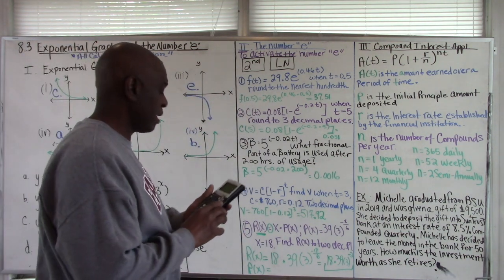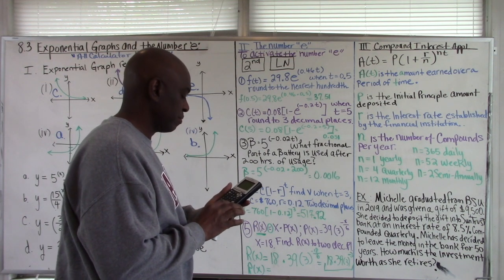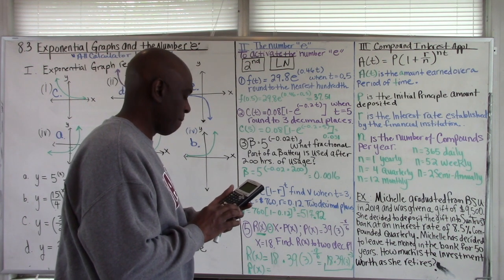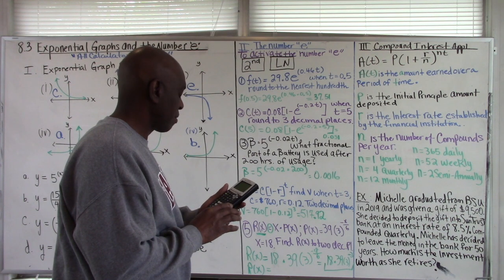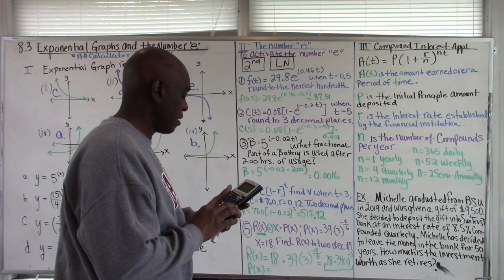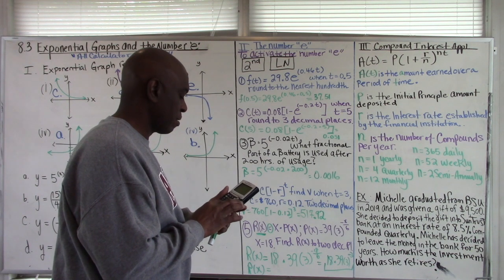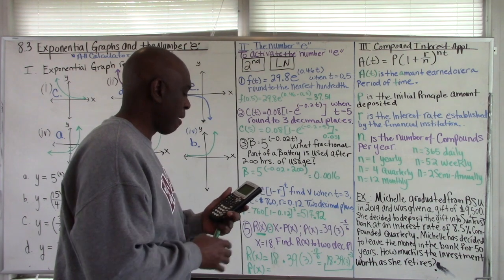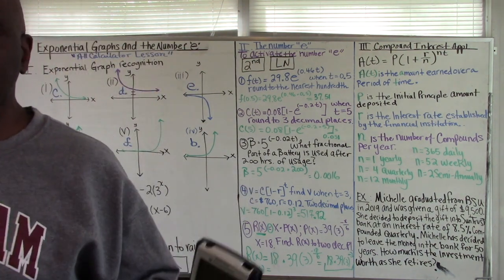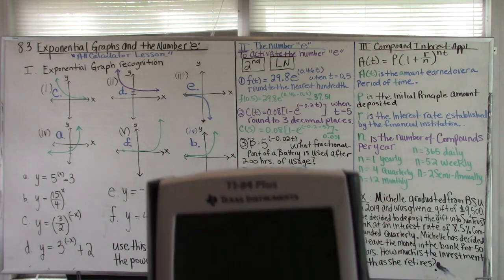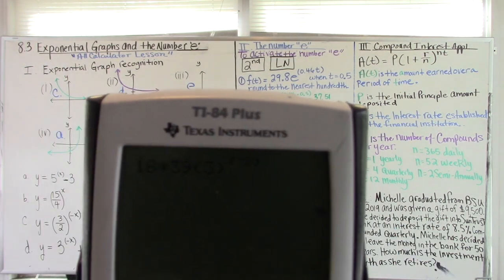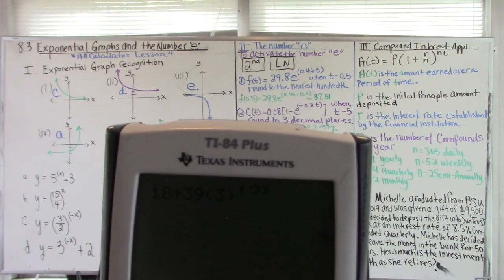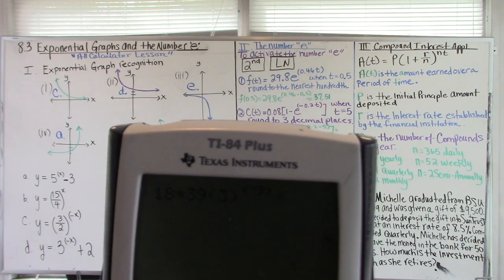Let's see. Clear it out. So I have 18 times 39 times 3 to the negative 3. Okay. Here's how I put it in my calculator so you can see it. There you see it. 18 times 39 times 3 to the power of negative 3.